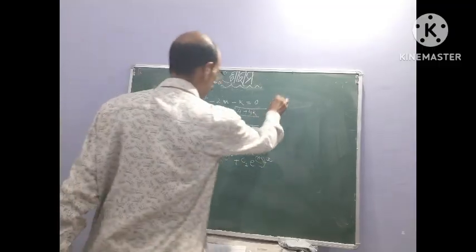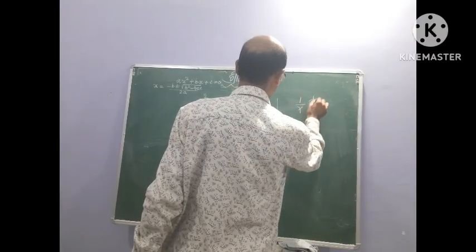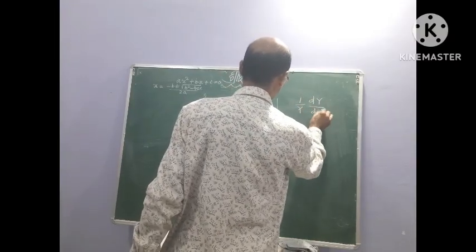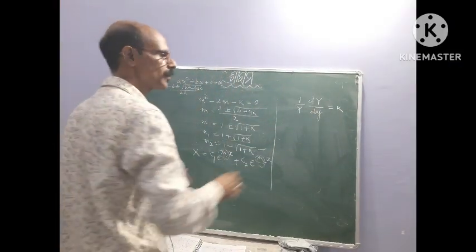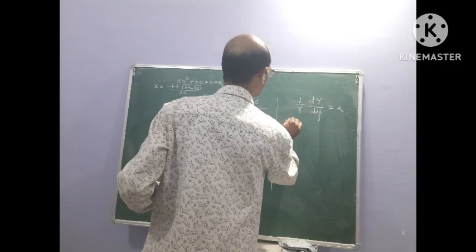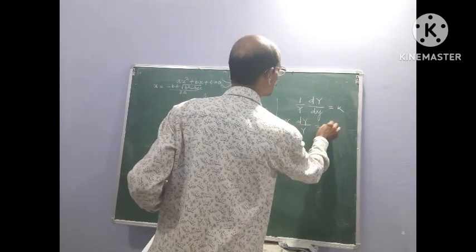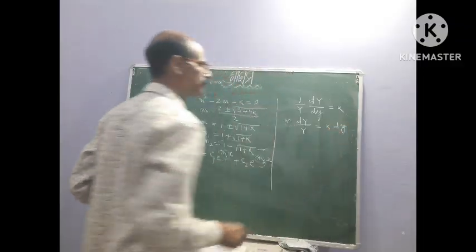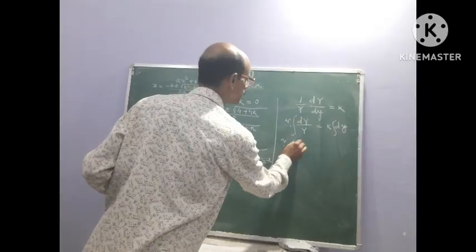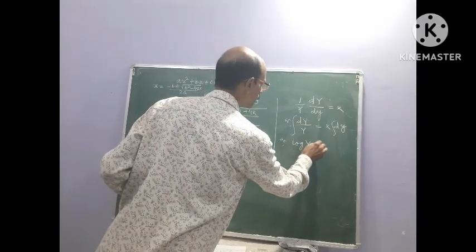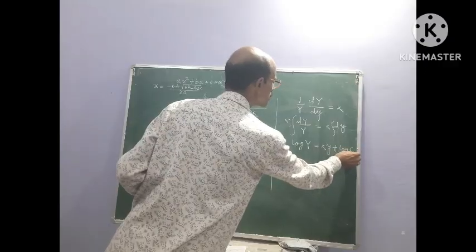Then for Y we have 1 by Y dY by dy is equal to k. This is given by the other part of the equation. So from this we obtain dY by Y is equal to k dy. Now integrate both sides. Its integration will be log Y is equal to k into y plus log c3.